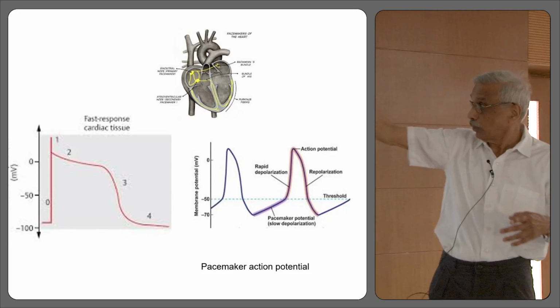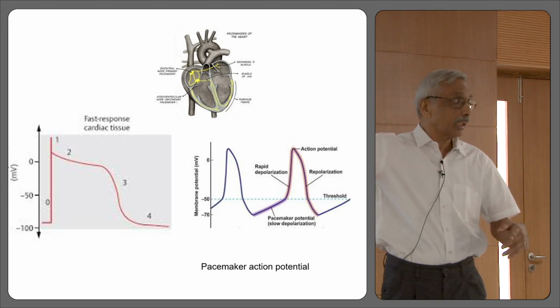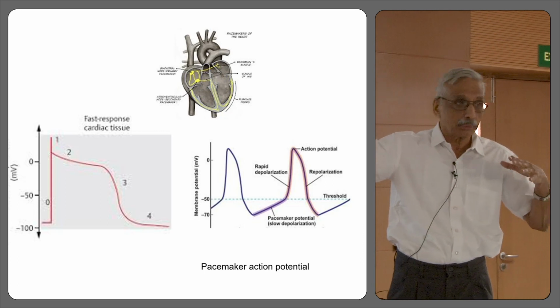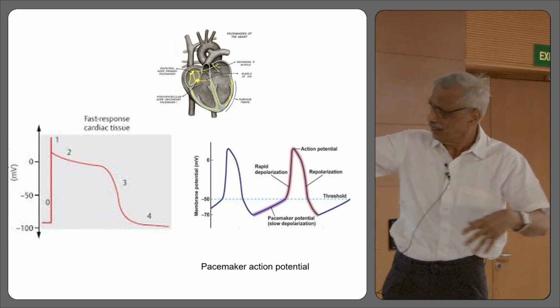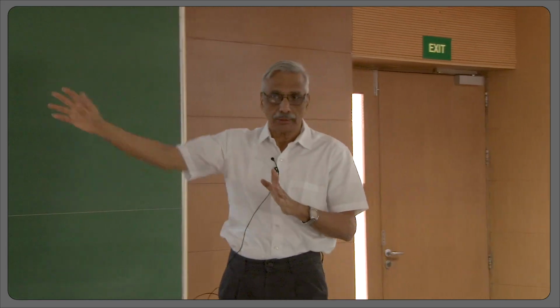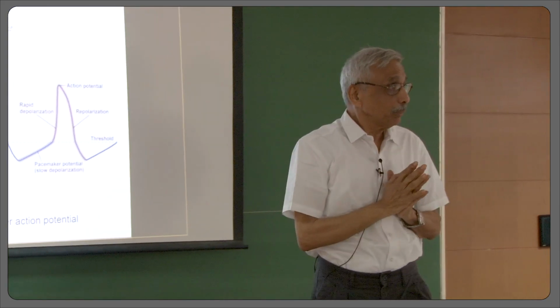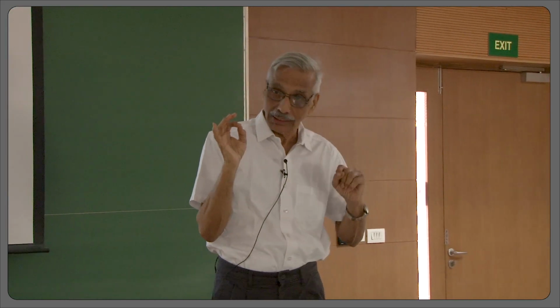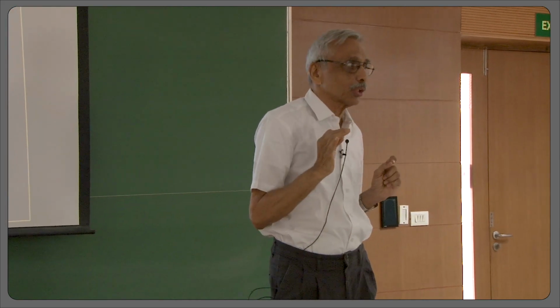Therefore, you get a plateau, and then at the end of that 0.3 seconds, the calcium ion channels will close, and then the potassium, and then you have that image. We have done it 10 times. Okay. Now, what I am going to do is pick up that electrode which was inserted in a cardiomyocyte just below the plasma membrane, and I was recording.